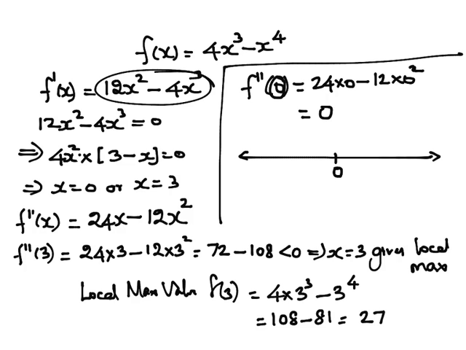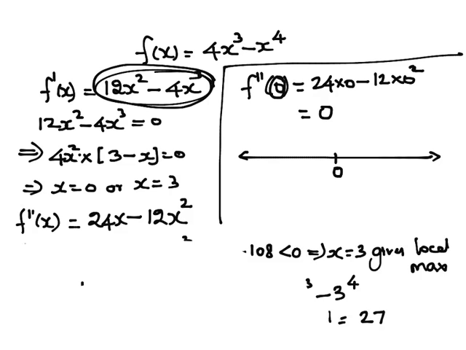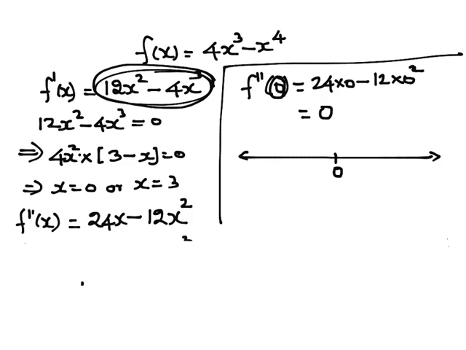Actually, for convenience's sake, let me take a better value instead of 0.1. Let me take 1. So f dash of 1 will be 12 minus 4, which is 8, so positive. So here f dash of x will be positive.